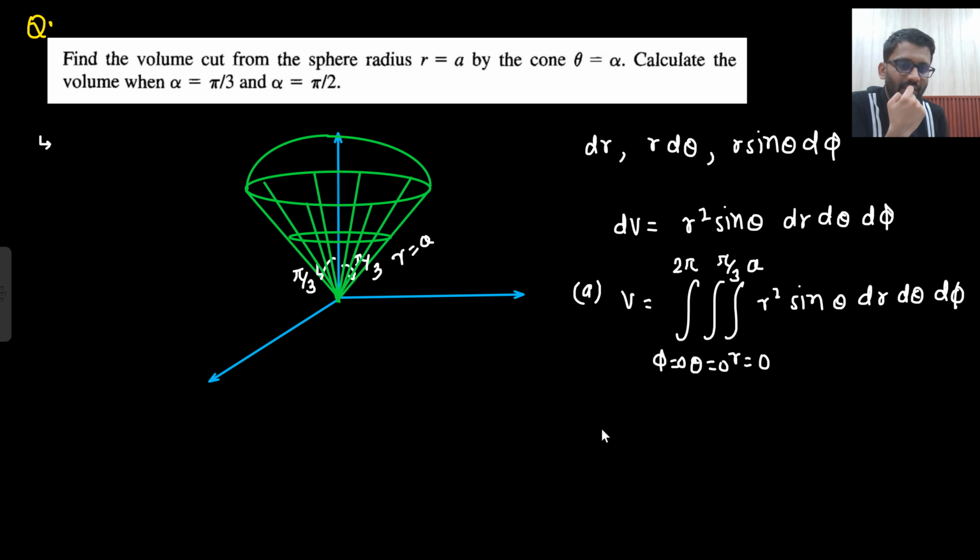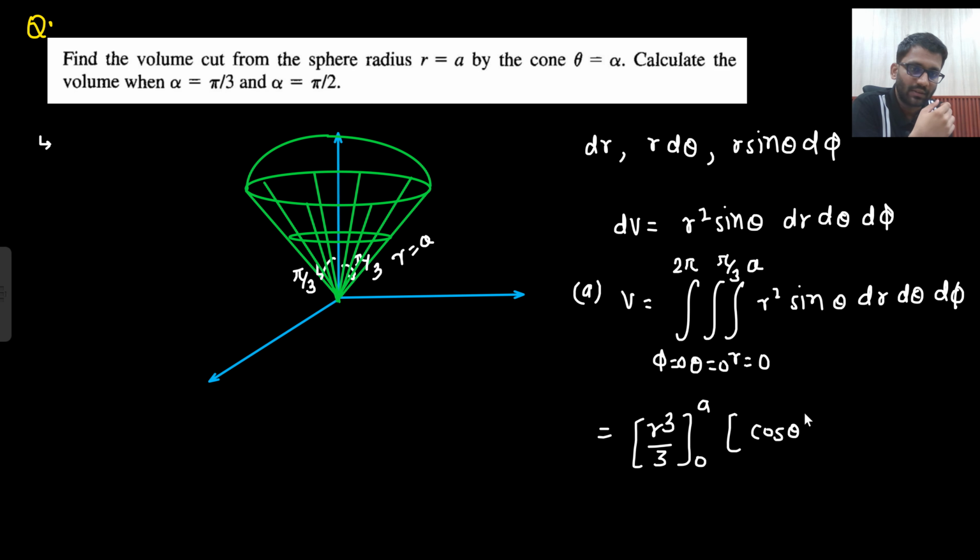So r square dr will be r cube by 3. First I am solving r cube by 3 from 0 to a. Then solving theta: integration of sin theta is minus cos theta from pi by 3 to 0. And d phi will give 2 pi.